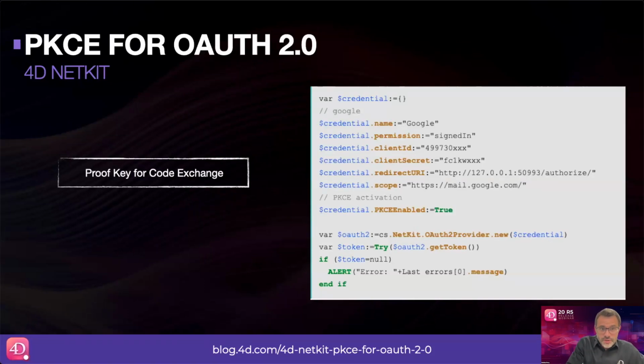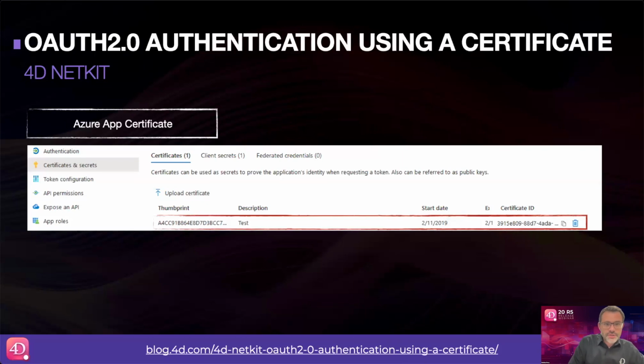Let's continue with OAuth2 security. 4D20R5 now supports OAuth2 certificate-based authentication for enhanced security. Authentication becomes more robust by using certificates instead of client secrets, especially with servers like Microsoft Identity Platform. Here you can see that this certificate is uploaded on the Azure portal.